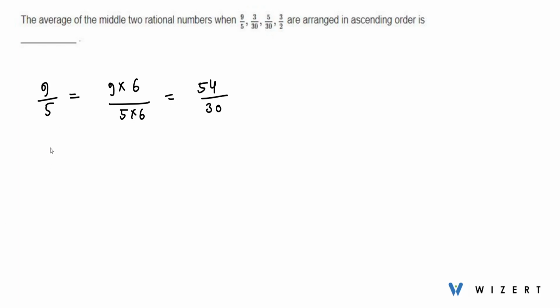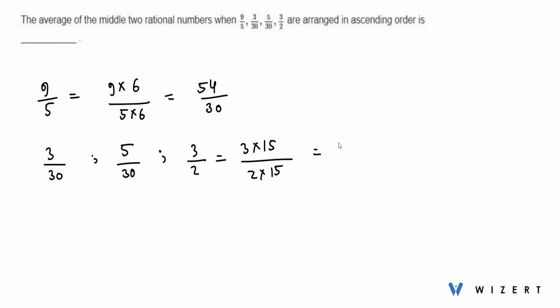Again we have 3 upon 30, so it will remain as it is, and then we have 5 upon 30, and finally we have 3 upon 2, which can be written as 3 multiplied by 15 upon 2 multiplied by 15, so it will become 45 upon 30.